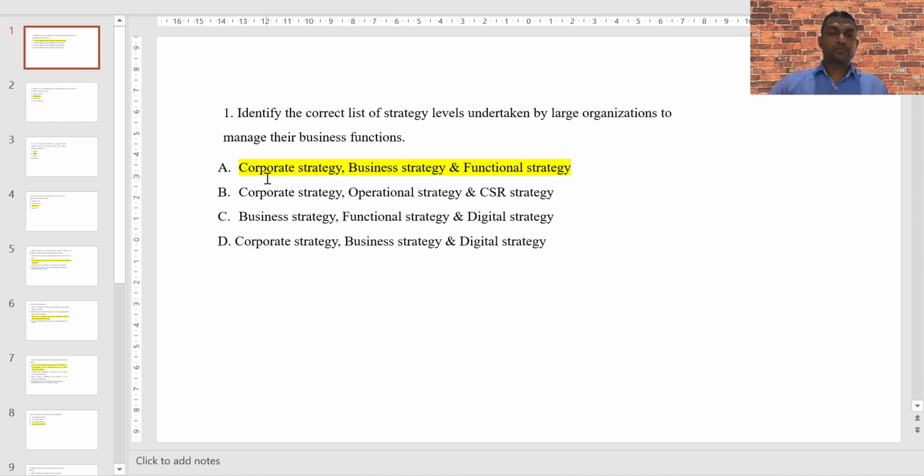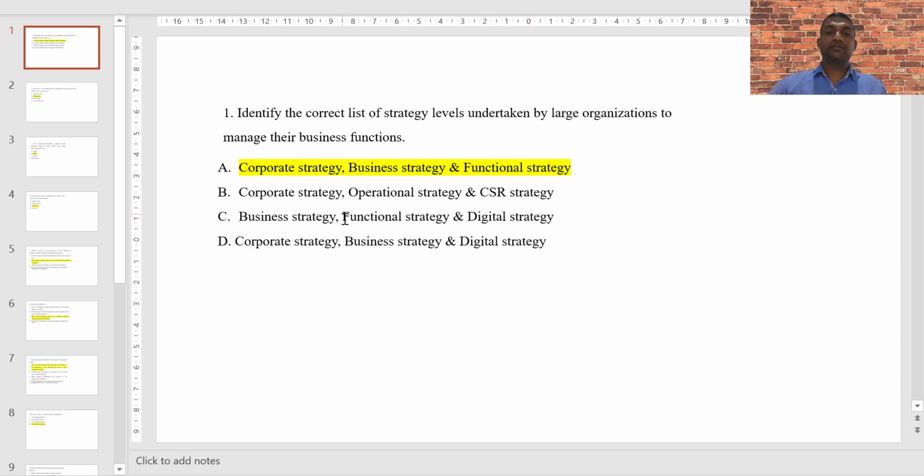So these are the 3 things: corporate strategy, business strategy, and functional strategy are the correct answers. Of course, in this book you will find areas about digital strategies and CSR strategy, and there can be different strategies for different things, but as an organization, strategies come under these 3 levels, and under these 3 all these additional strategies will be defined.